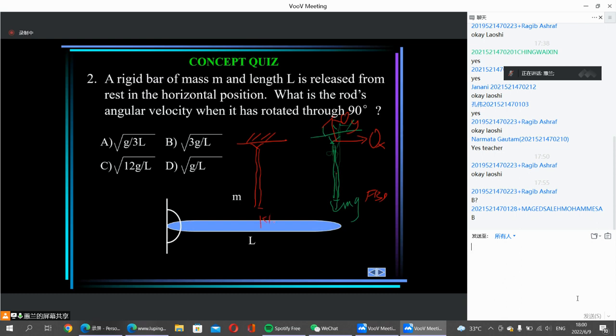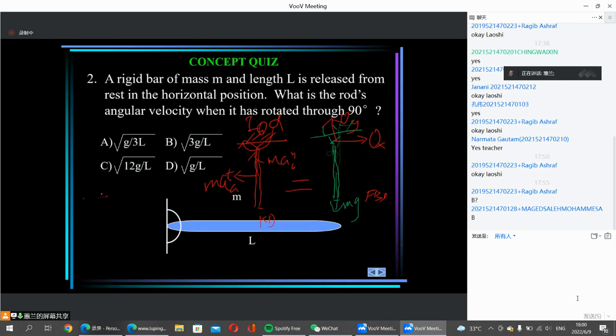For KD, we will have m a_G tangential, m a_G normal, and I_O alpha, right? We can use this, or I_G alpha, it doesn't matter. You will have the same result, okay?